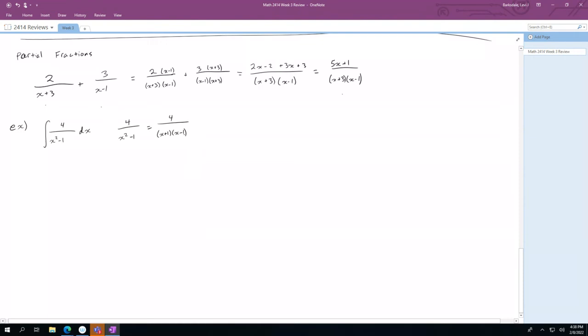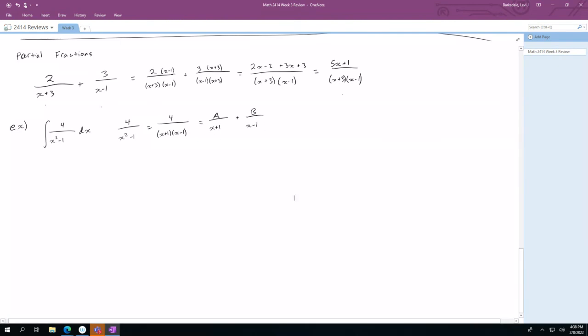Well, what I'm going to say is that this should be equal to some number a over x plus 1 plus some number b over x minus 1. So now I'm just going to add these two fractions together.